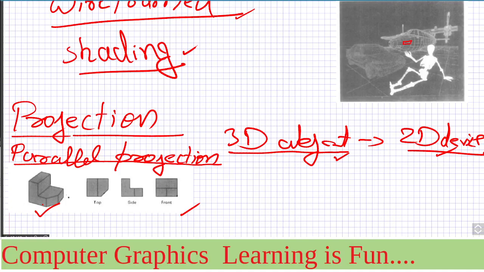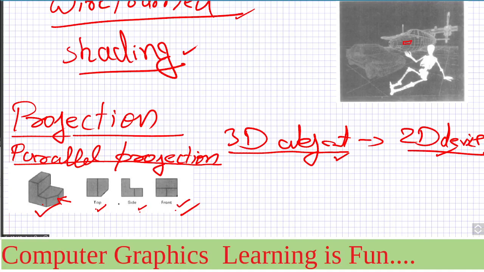Suppose this is your front, so you can see it either from the front or from the top or from the side. When you see these from these three perspectives, either from top or side or front, you are looking by keeping it parallel to any axis.